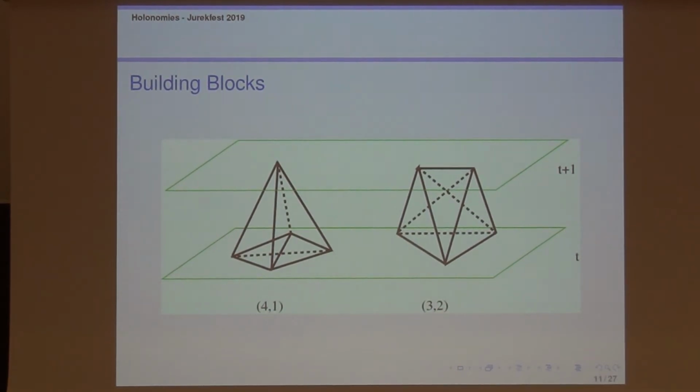To obtain a closed manifold in this way, we need only two types of simplices, 4-1 and 3-2, depending on how many vertices we have at each time level. And of course, we also have an inverted structure, 1-4 and 2-3, which are just a time reflection of this structure.